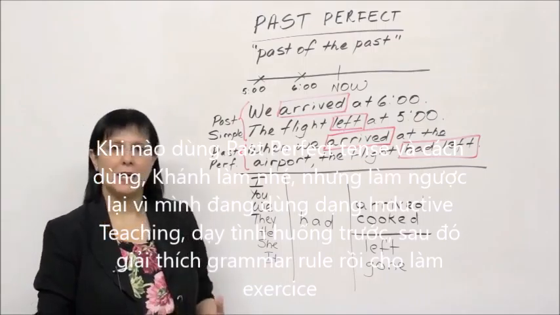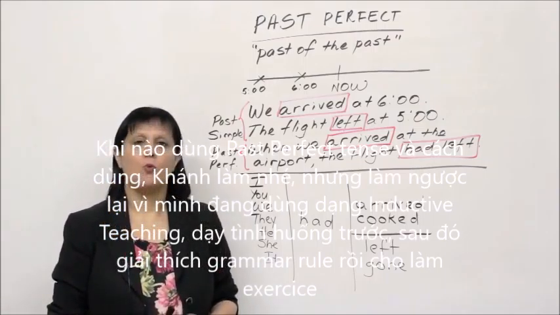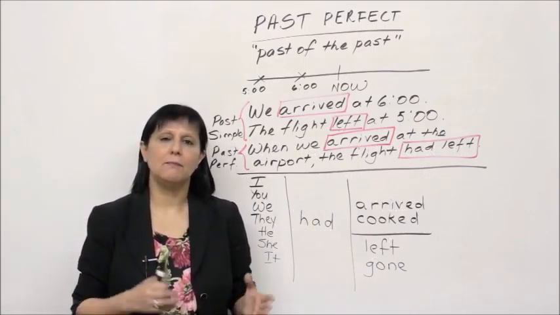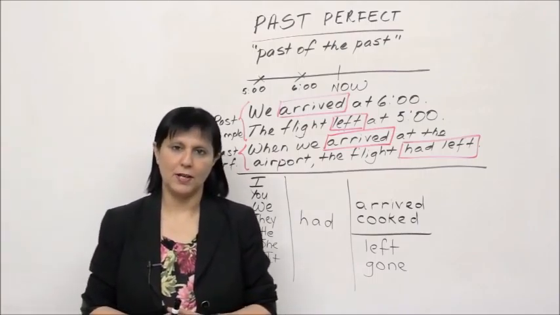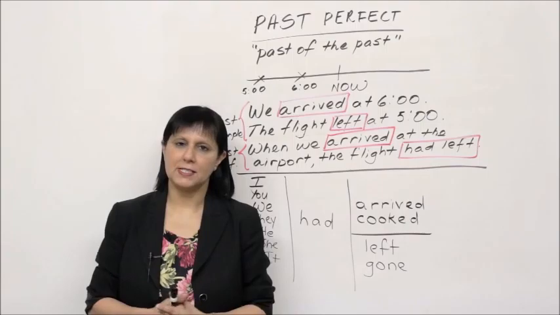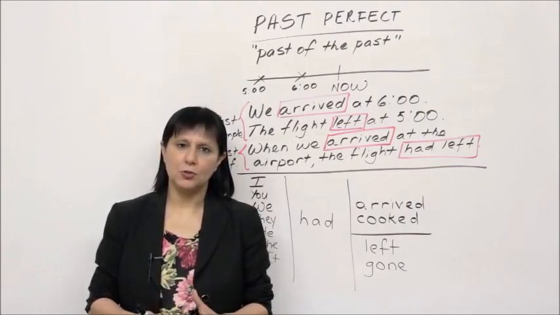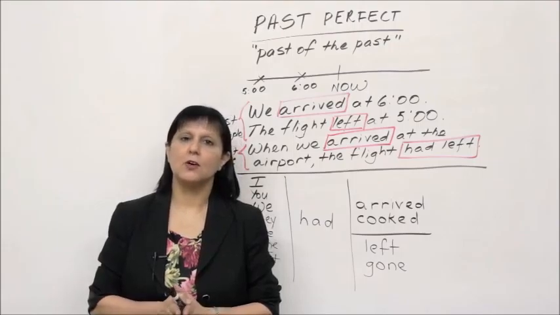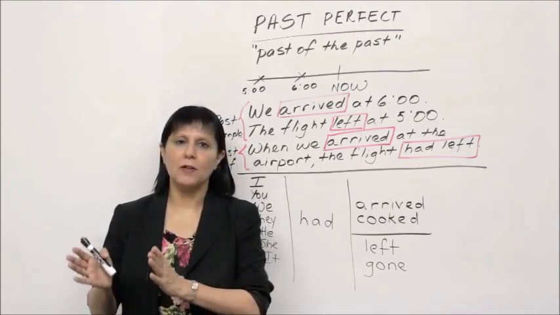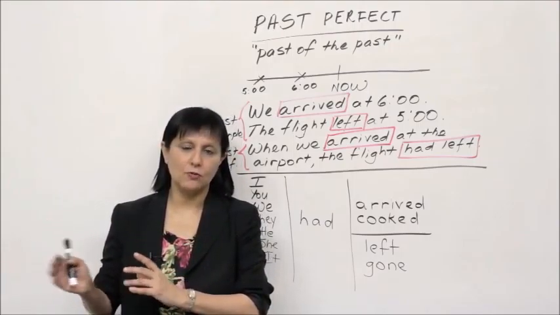We use the past perfect tense when we are talking about more than one thing that happened in the past, right? Now, for those of you who have been studying English for some time, you know the simple past tense. The simple past tense we use to talk about one thing that happened in the past and it's over, right?